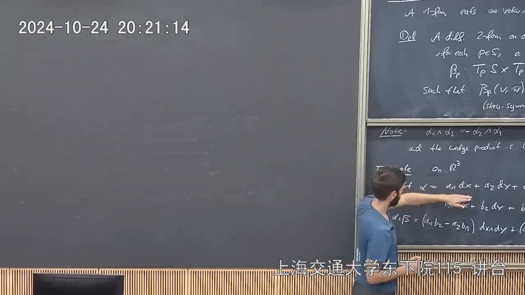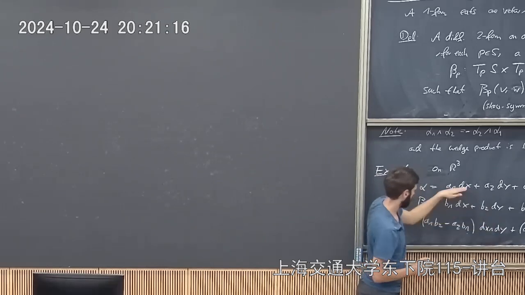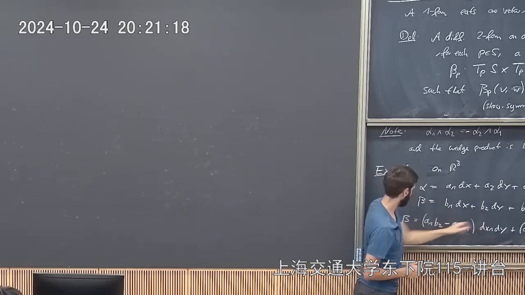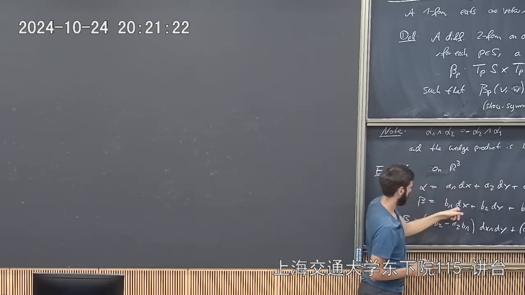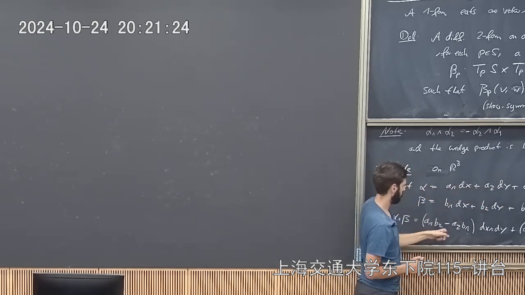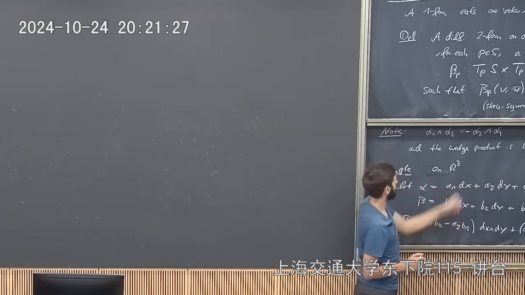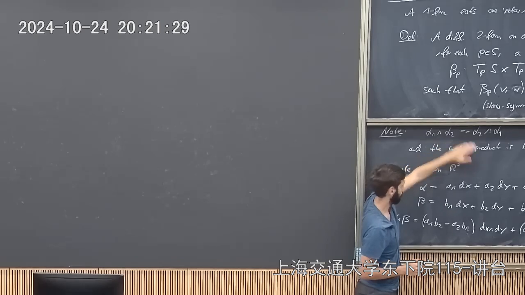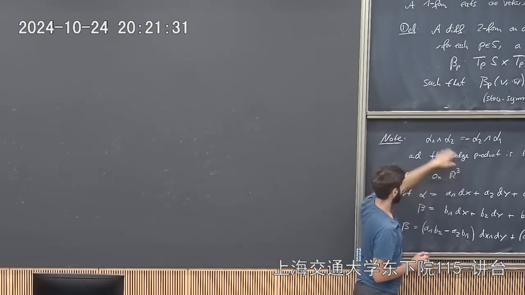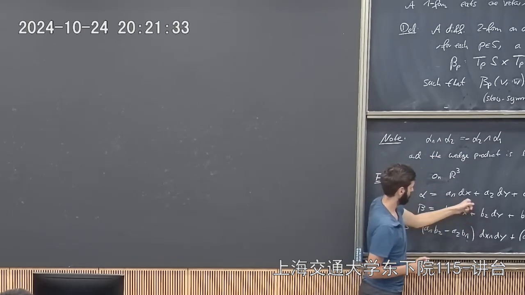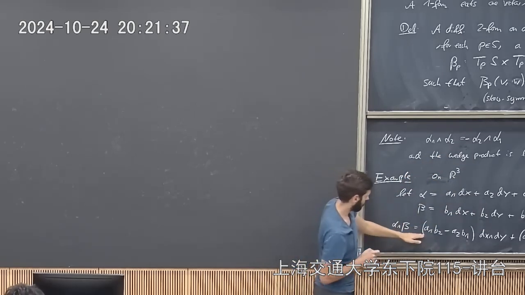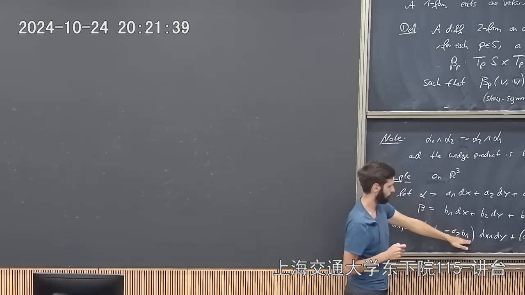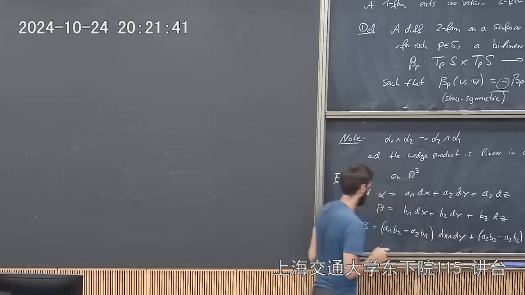Let's look at the first factor. We have dx and dy. That gives you A1 B2, it's this term. And then we have the same term with dy dx, which is A2 B1, but we get a minus sign. There are no terms where they both occur at the same time because that's antisymmetric. So what you see is that it's A1 B2 minus A2 B1, and then these other coefficients.